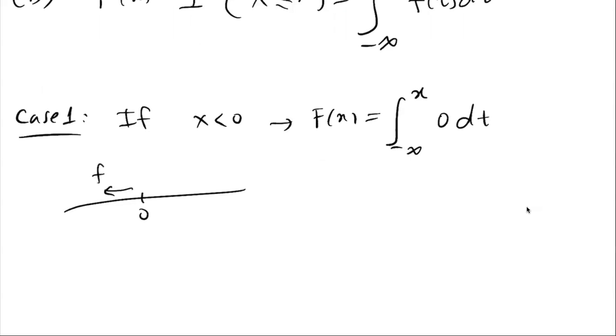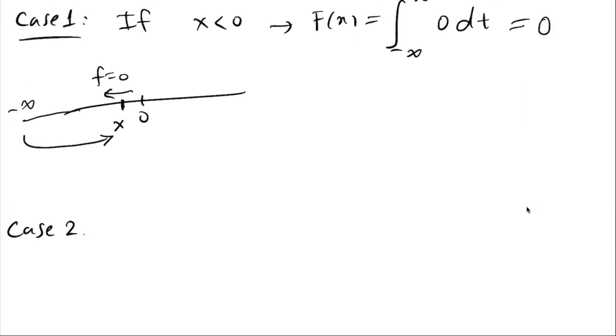Before 0, small f is 0. So if x is somewhere here before 0, then I need to start from minus infinity and move all the way to x. And small f is 0 there, and the integral of 0 is 0.